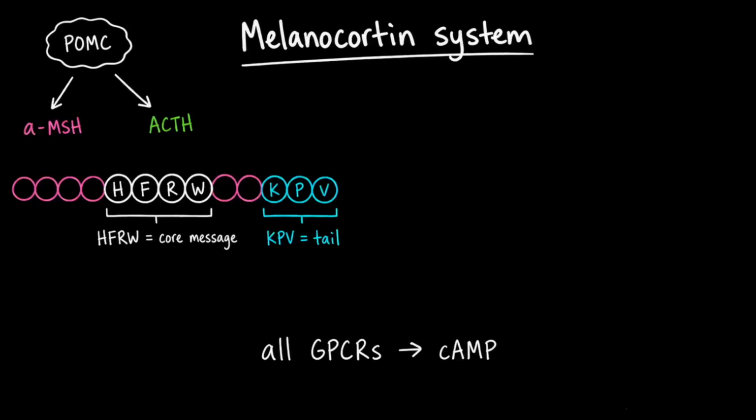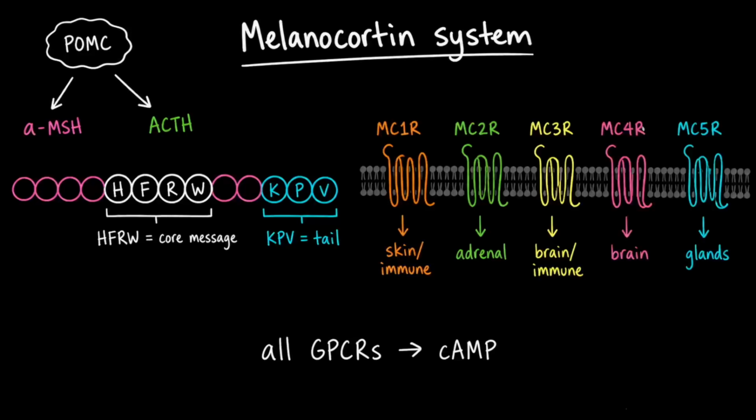That's all that I'm trying to say here. And just a quick note at the bottom, all these G protein coupled receptors, or GPCRs, signal cAMP, or cyclic AMP, but they do it in different ways, so they can all have different effects, and that might be helpful for later.